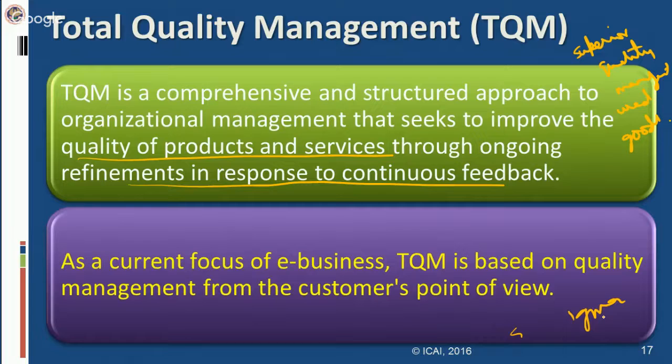TQM refers to continuous efforts by employees to ensure that high quality products are made available to the customer, whereas Six Sigma incorporates many small changes in the system to ensure that effective results are attained and the customer is better satisfied.